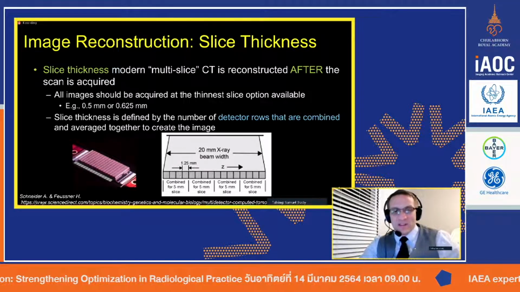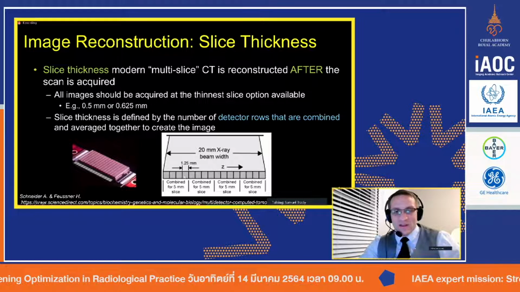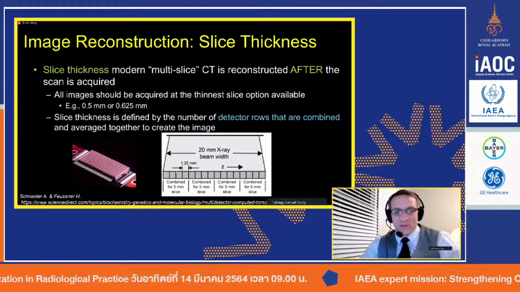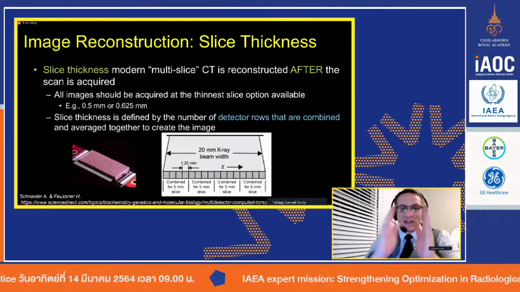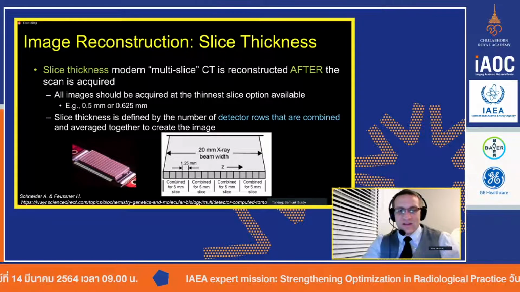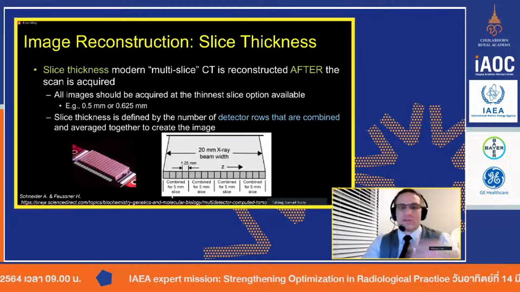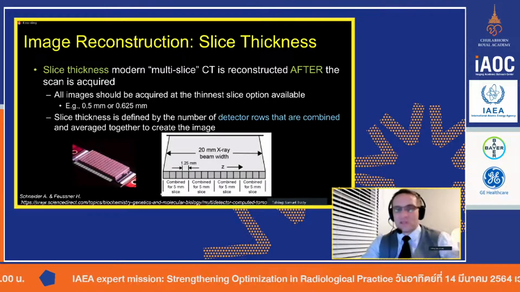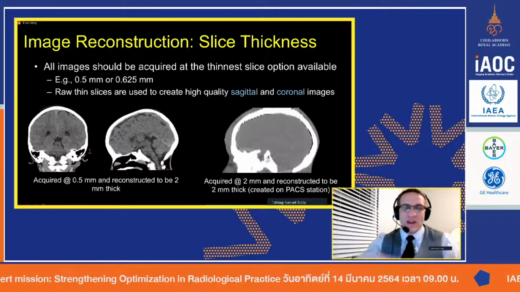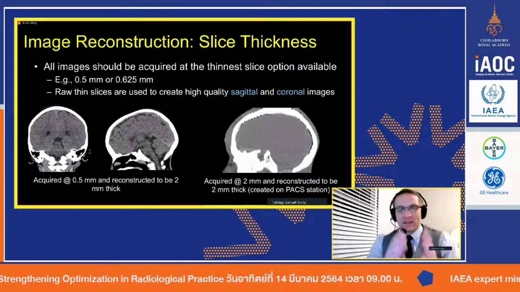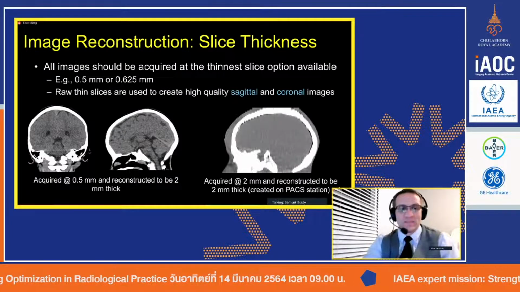And because each of the detector elements is, for example, 0.5 millimeter, we can combine so many of them together to create one slice that is maybe 5 millimeters or 3 millimeters, etc. And so we can just add up all of those elements and create the slice thickness that we need.